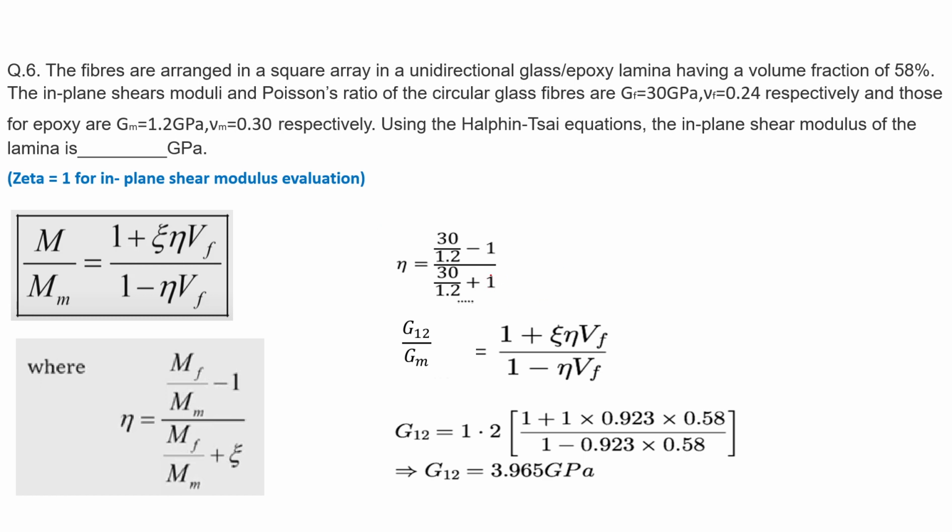So after putting this value, we can get the value of eta. Now we have to find M. Here M is the shear modulus and MM is the shear modulus of the matrix. So putting those values, as we know the value of zeta and eta, and VF is given as 58%, that will be 0.58. Putting those values, we can finally get the in-plane shear modulus of the lamina, the whole composite, as 3.965 gigapascal.